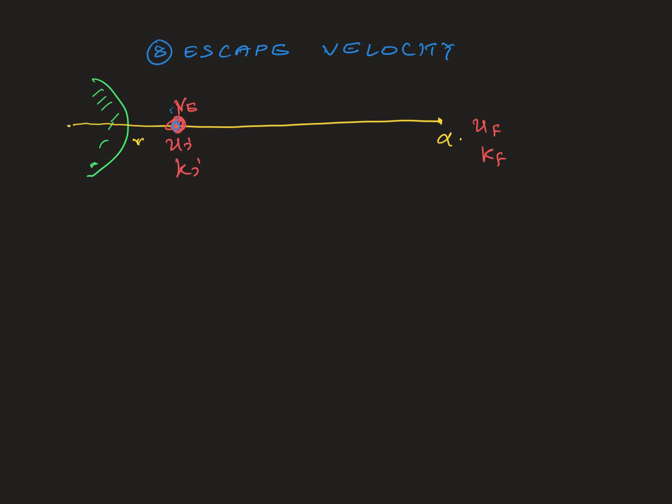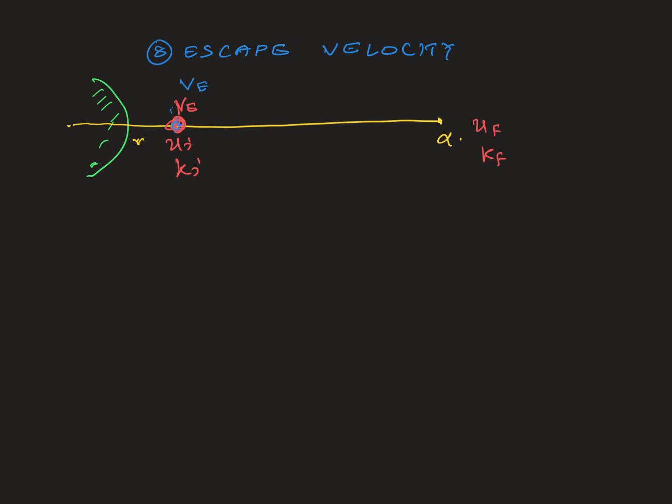So, what is escape velocity? The velocity that we need to provide to this object to free this object from the gravitational attraction. So we have to give this velocity that will provide the kinetic energy to bring the total energy to zero.